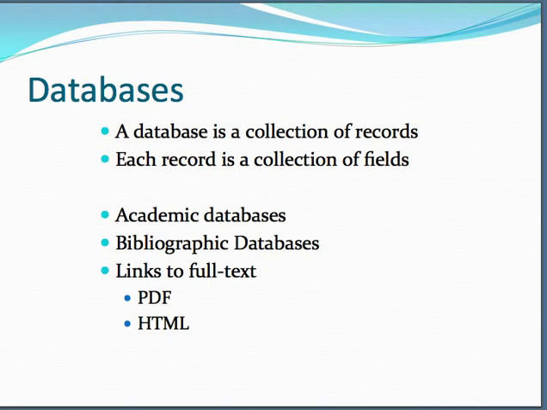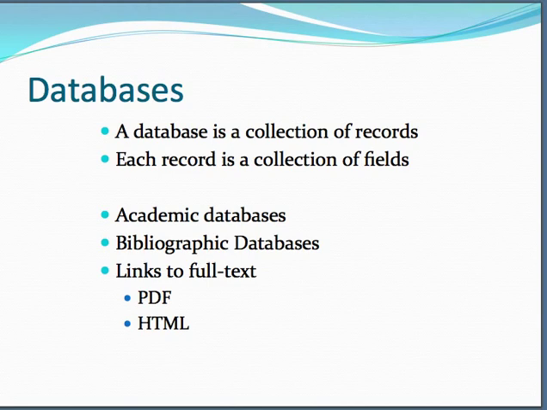What types of databases do we have? We have academic databases. We have bibliographic databases that may or may not be academic. And we have links, and that will depend on the type of access that your library has. We may have links to full text or only to the citation and probably an abstract. But that also depends on how much the library is investing in getting that access.